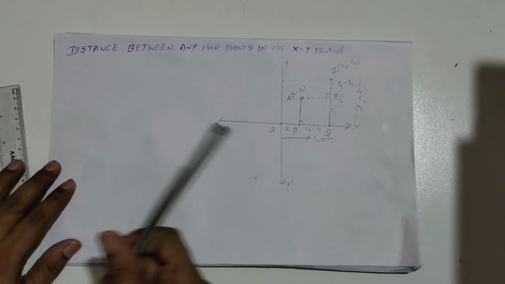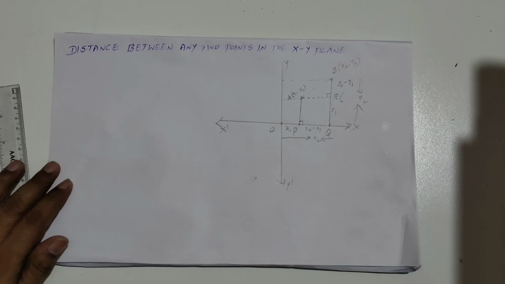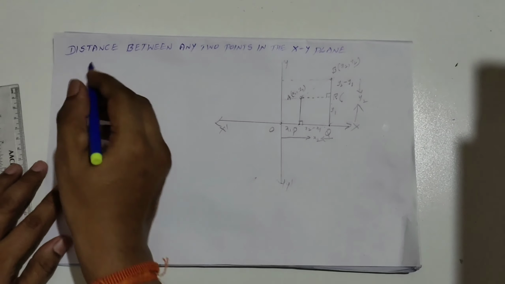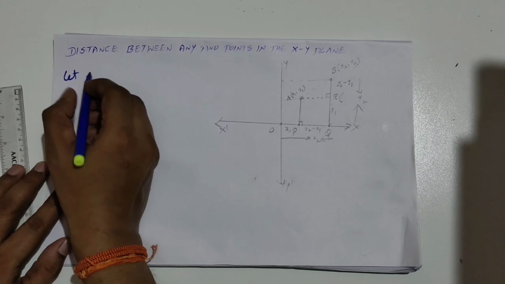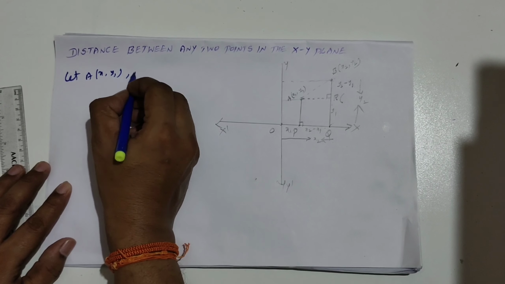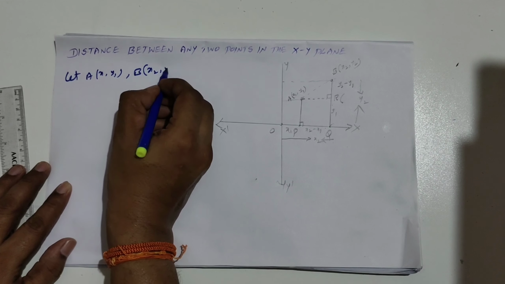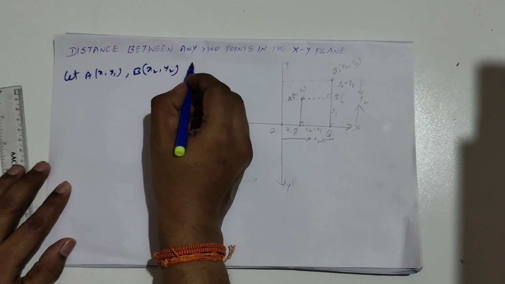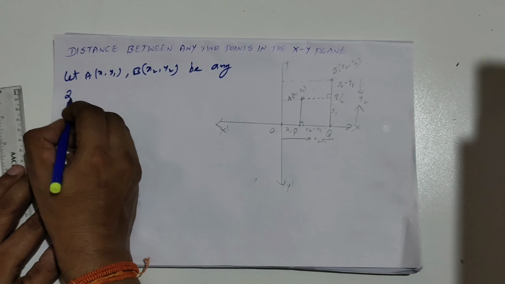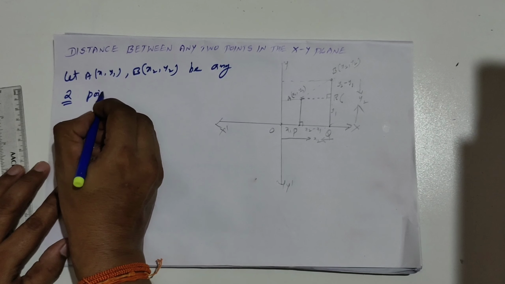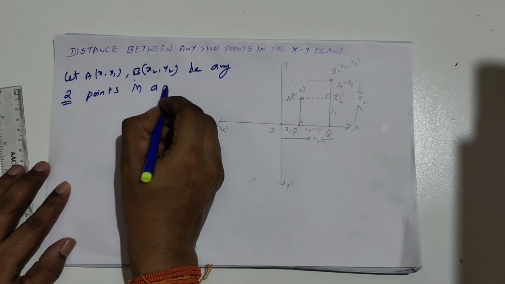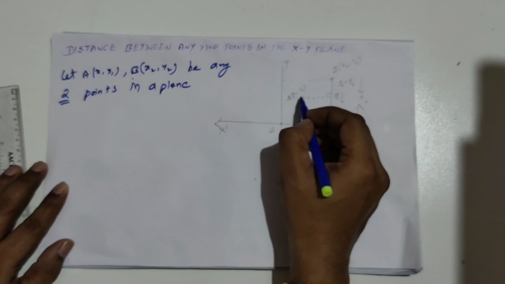So once again we will write here. Let us assume A x1 y1, B x2 y2 be any 2 points in a plane or on a line.